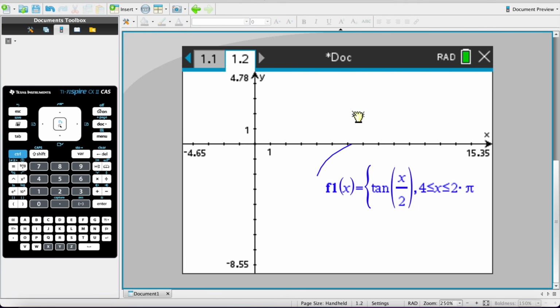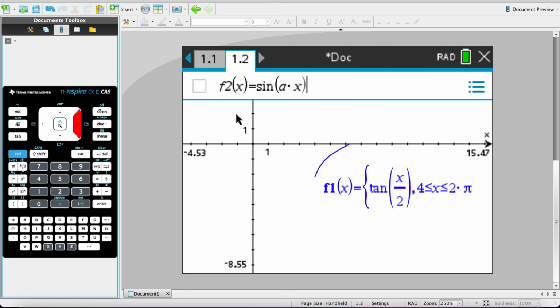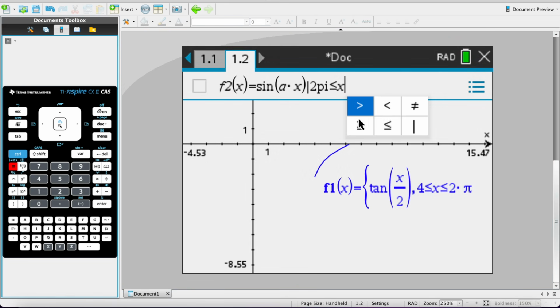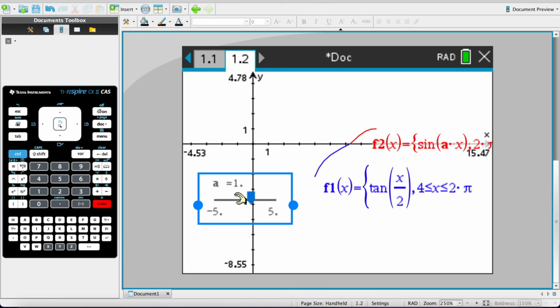So that's just here, and then we also can sketch sine ax. Make sure you put the multiplication sign, and that is from 2 pi to 8. And yeah, we can create a slider and just enter the values.